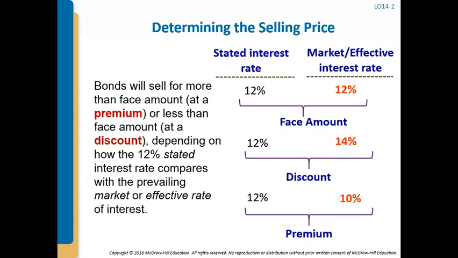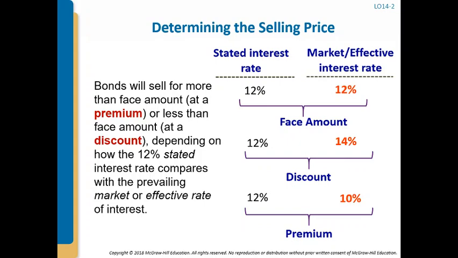Very easily we can figure out that this company is going to receive, as we saw, the same amount in cash as they had in bonds. So where the stated interest rate is the same as market, no problem.